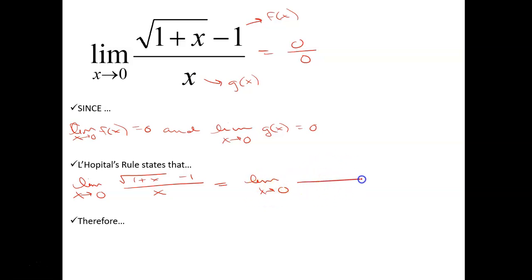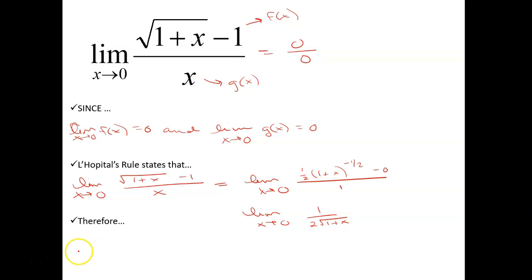So this is where we're going to apply our L'Hopital. So let's take our derivative. On the top, I'm going to have 1/2 times (1 plus x) to the negative 1/2 minus 0, and then over 1. If I simplify that, I'm going to get 1 over 2 square roots of 1 plus x.